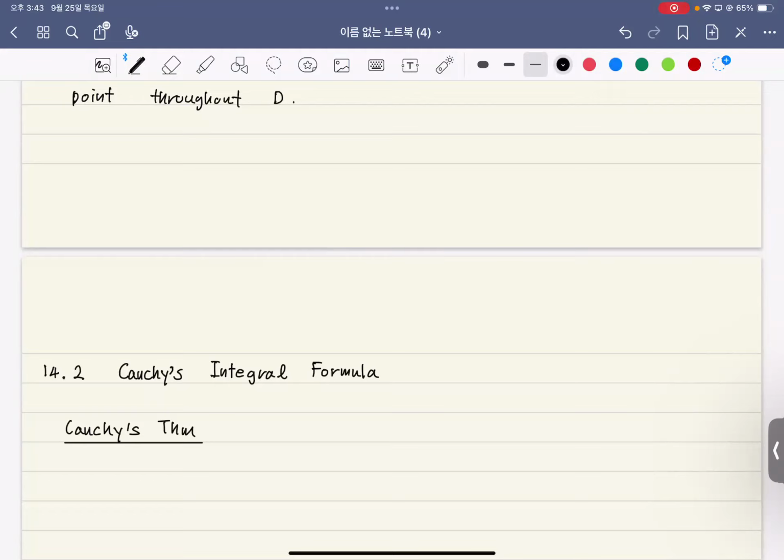I will begin with Cauchy's theorem, and it goes like this.